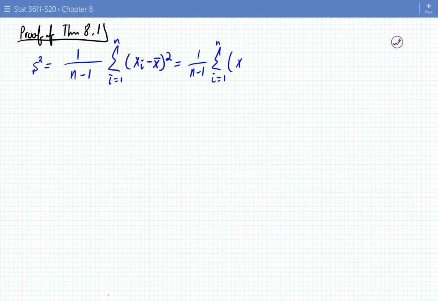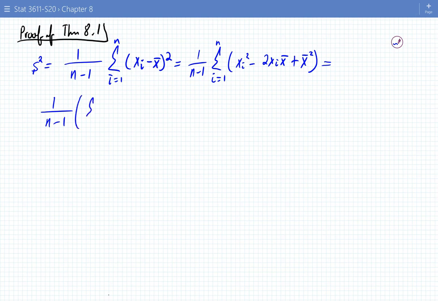That's going to be xi squared minus 2 xi x bar plus x bar squared. All right, this is looking good already because I see a lot of the components. For example, now we have xi squared in the summation that we want. And let's use the sum and difference rule of summations here. We can take the sum over all of these pieces individually.